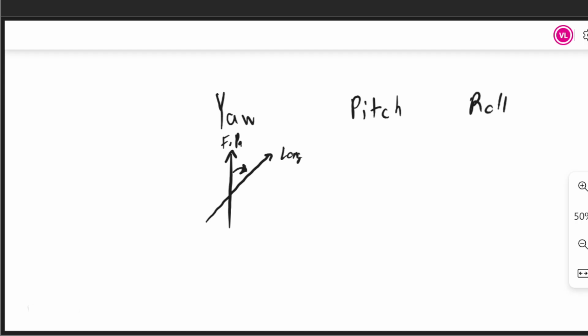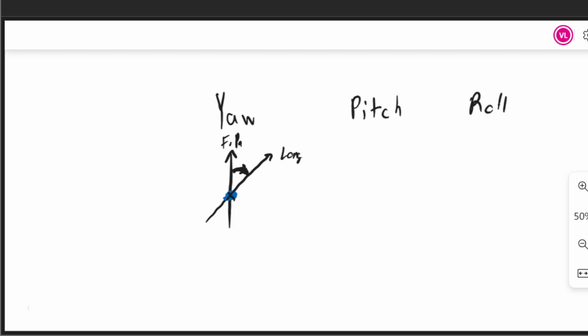This angle here, we define as yaw. Technically, the axis being rotated, if you put your pencil's eraser on the screen where I have that blue circle and the X, and you rotate it clockwise, the longitudinal axis is rotating like a clock hand. That is a positive yaw.